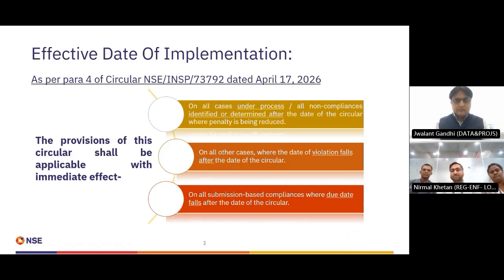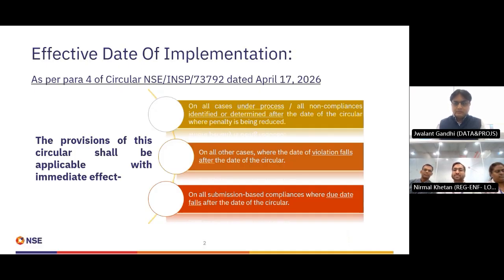For all the cases which are under process and all the non-compliances which are identified or determined after the date of the circular, where the penalty is being reduced, this circular's provisions will apply. Further, all the cases where the date of violation falls after 17 April, these new penalties will be applicable, penalties and financial disincentives as the case may be.